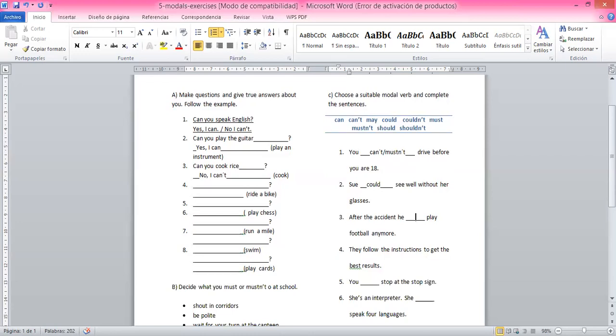What about shouldn't? After the accident, he shouldn't play football anymore. It's like if you're given an advice, right? Okay. So listen, you got some questions? Everything's clear?